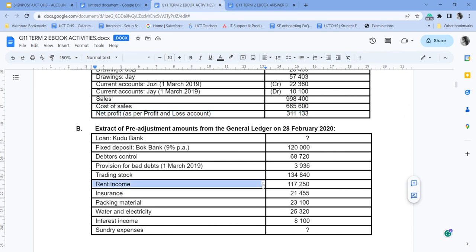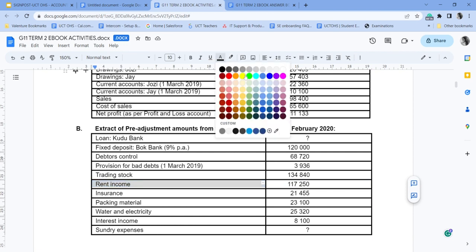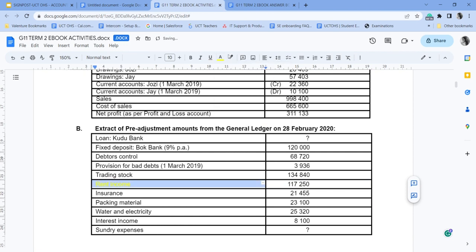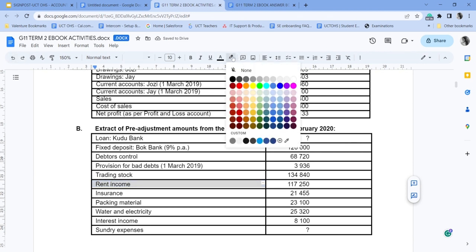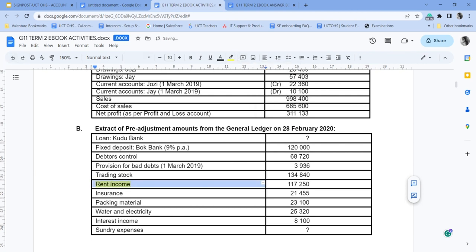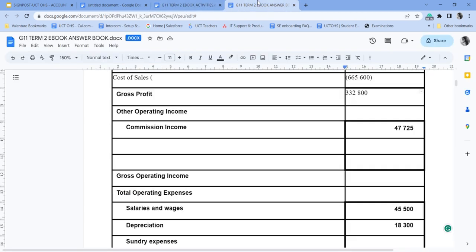Rent income, obviously, it is income, right? It's an other income that we are getting in the business. Sorry for that. So here we have rent income. The rent income here is 117,215.